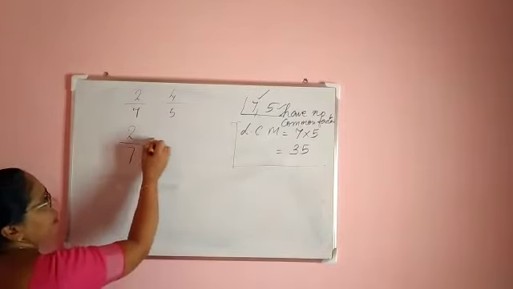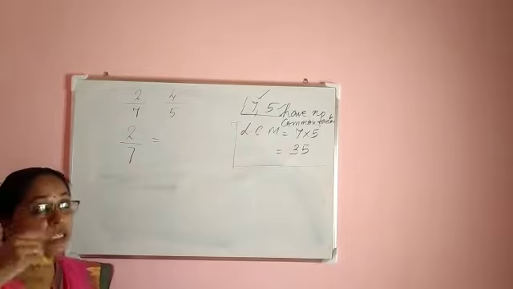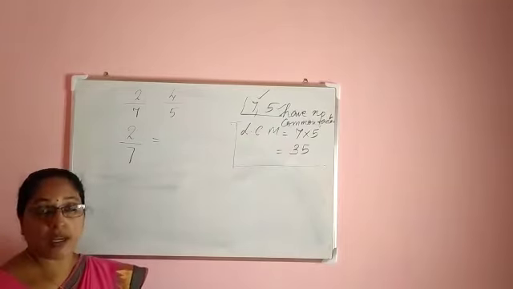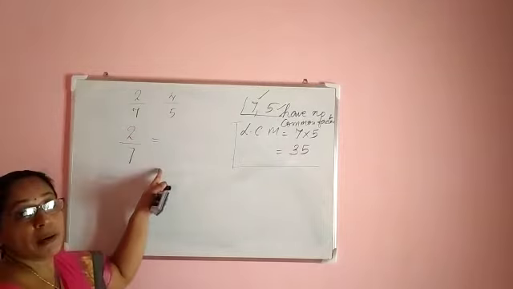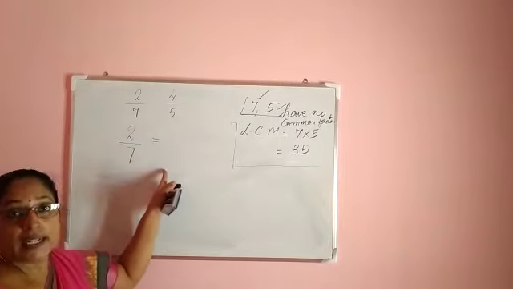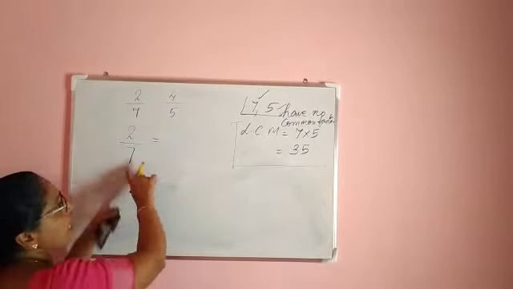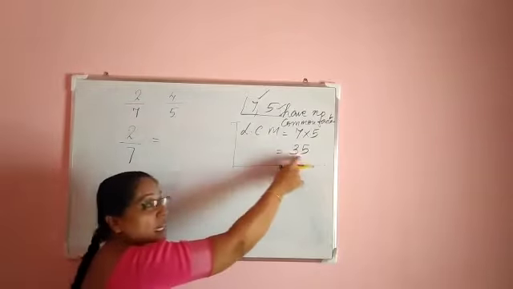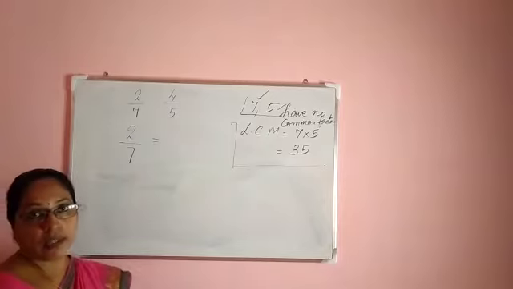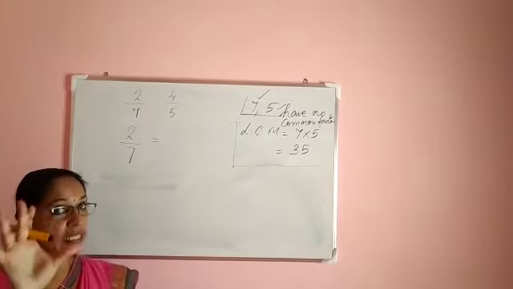Okay, now take the first fraction. 2 by 7 equal to. You learned the concept of equivalent fractions. How are equivalent fractions obtained? By multiplying the same number in the numerator and denominator. So the 7 has to be changed to 35. In the table of 7, to get 35, how many times? 5 times.